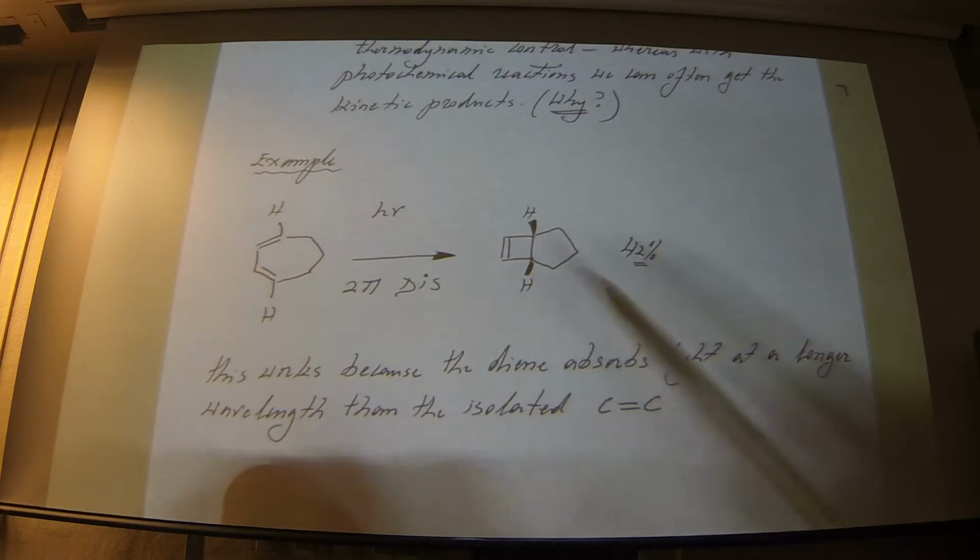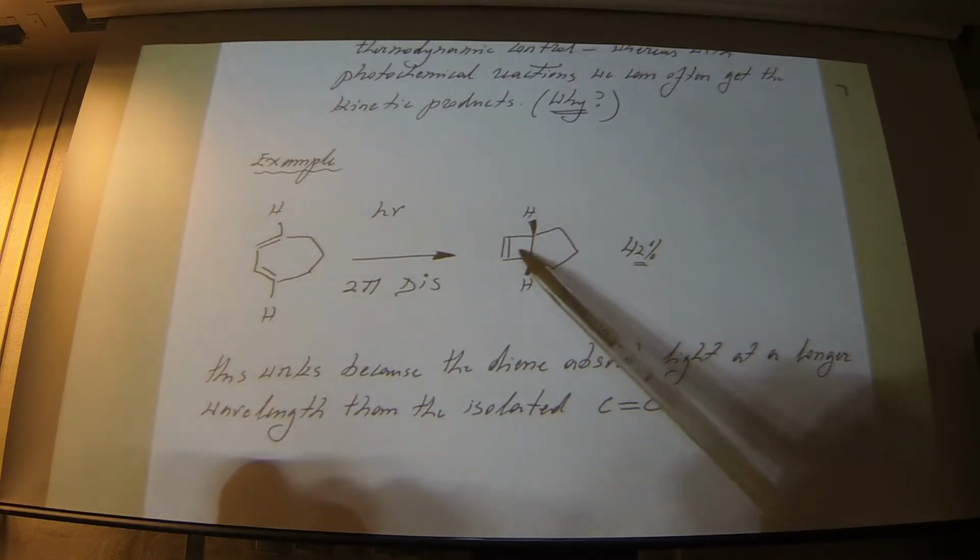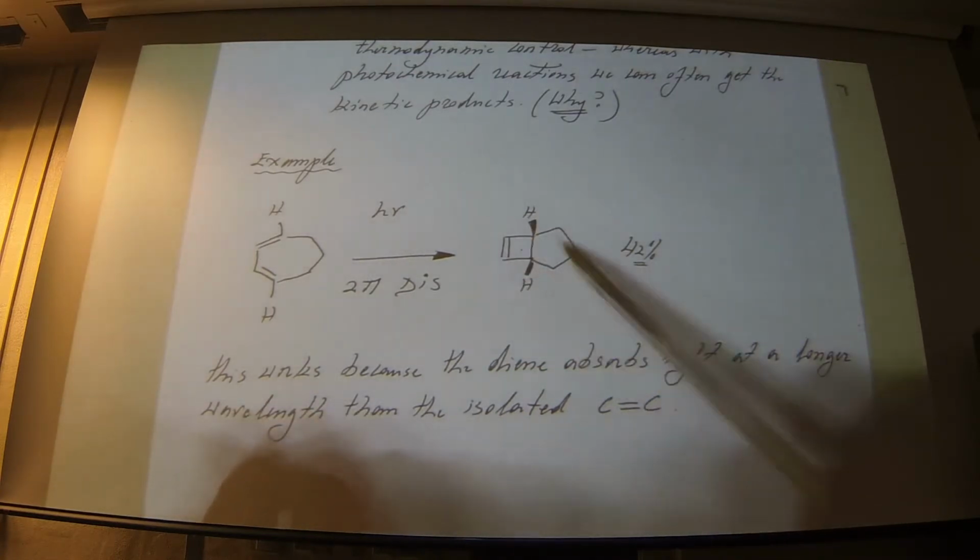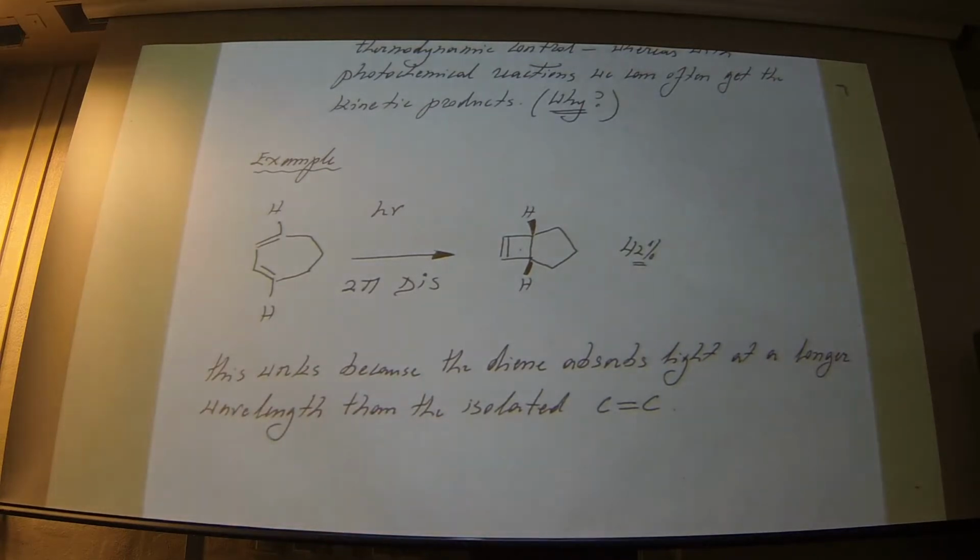Now, let's think about how it would open up. When this opens up, so let's say I heat this. Okay, let's do the thought experiment. Let's say I heat that. So it's a cyclobutene. What's it going to give me?